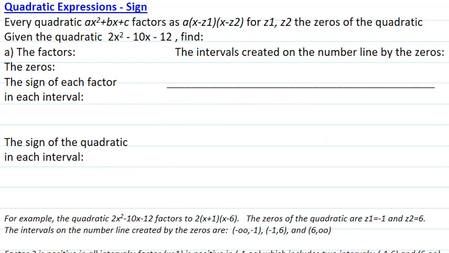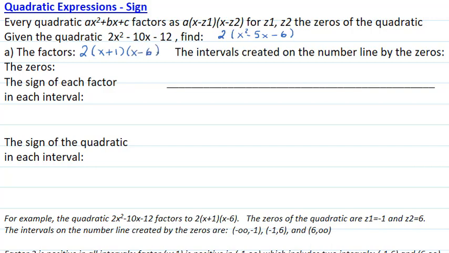For example, given the quadratic 2x squared minus 10x minus 12, we want to factor it. So we will factor out the 2, we will get x squared minus 5x minus 6, and now the factorization is 2(x plus 1)(x minus 6).